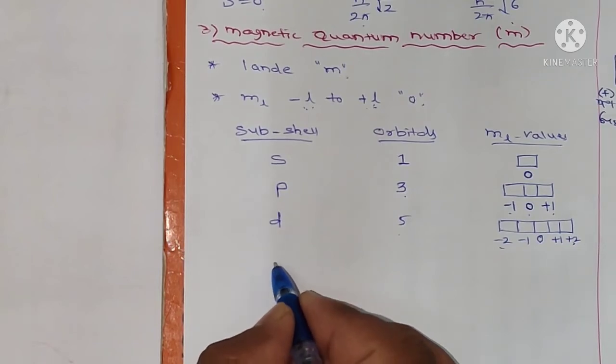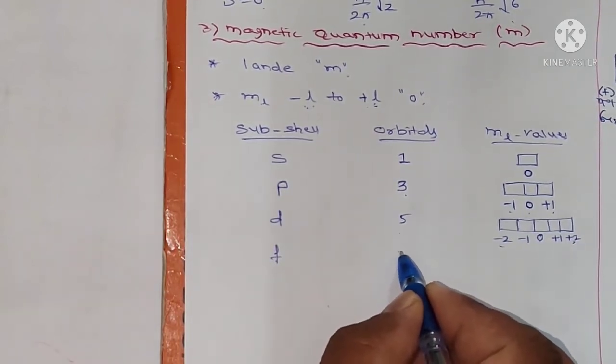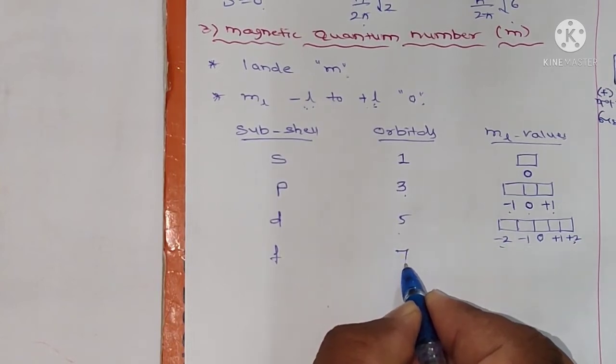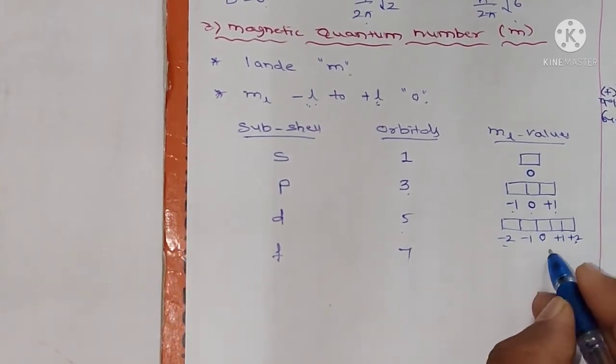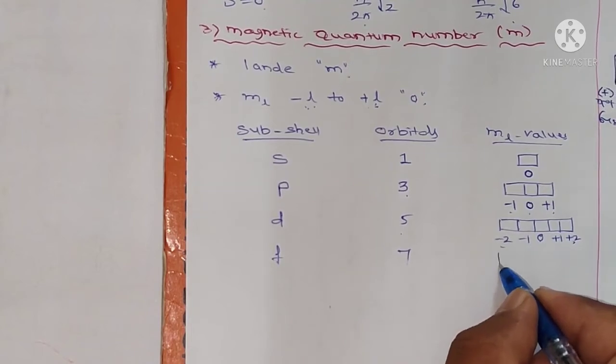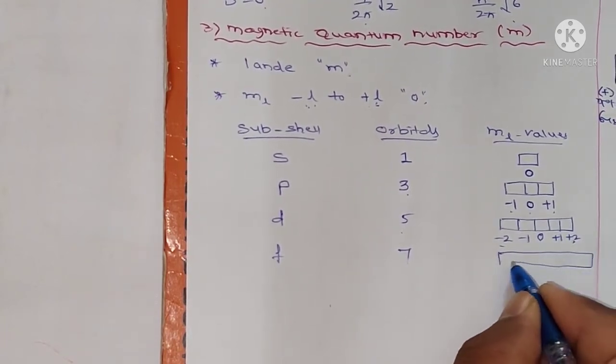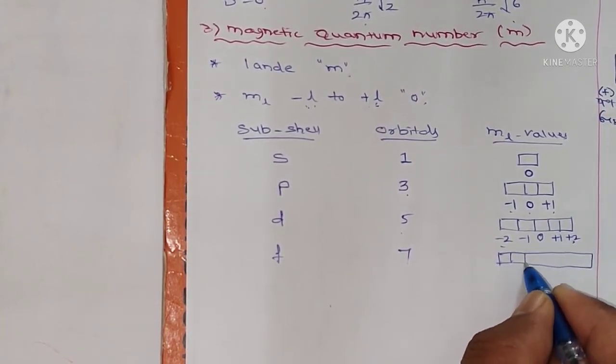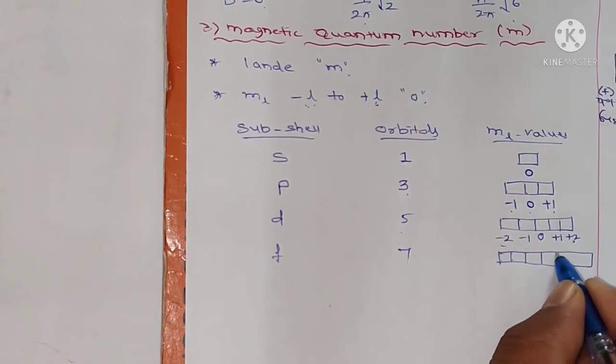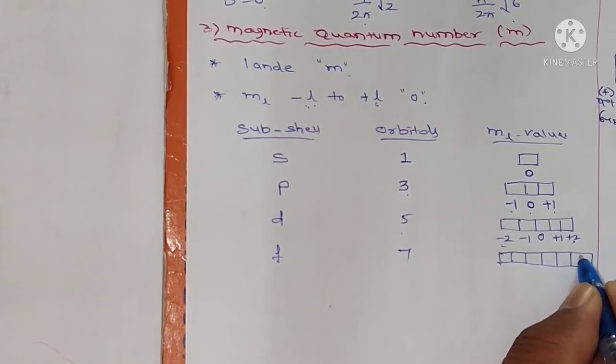And subshell f, orbitals 7. These are the sublevels, 7: 1, 2, 3, 4, 5, 6, 7.